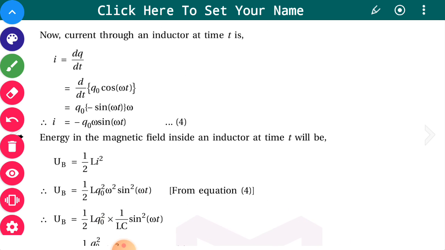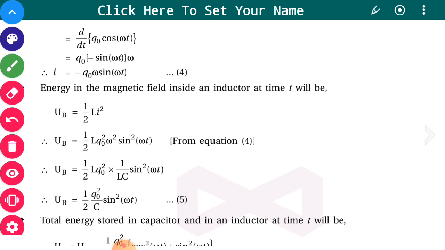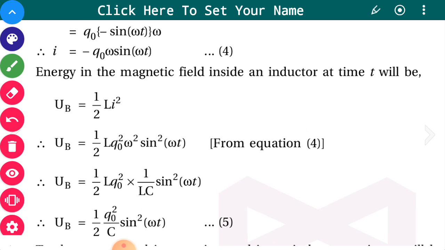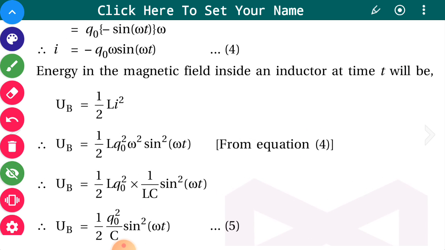Now energy in the magnetic field is 1 by 2 L i square. We just have to place this value of current which we got instead of this i. So we get the energy stored in the magnetic field, which is 1 by 2 L q0 square omega square sin square omega t.